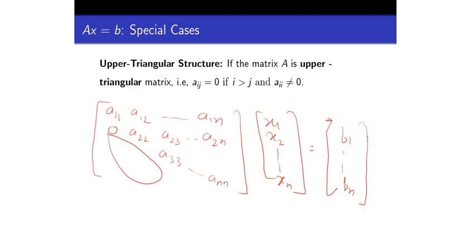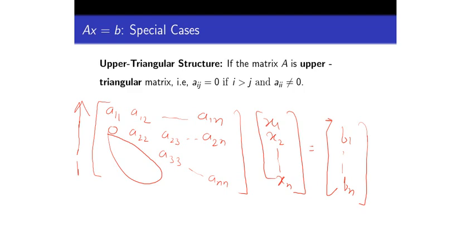Now you will go from the last one. In the lower triangular case you were coming down. Here you are going from last to first, which is called backward substitution, and the earlier one was forward substitution.